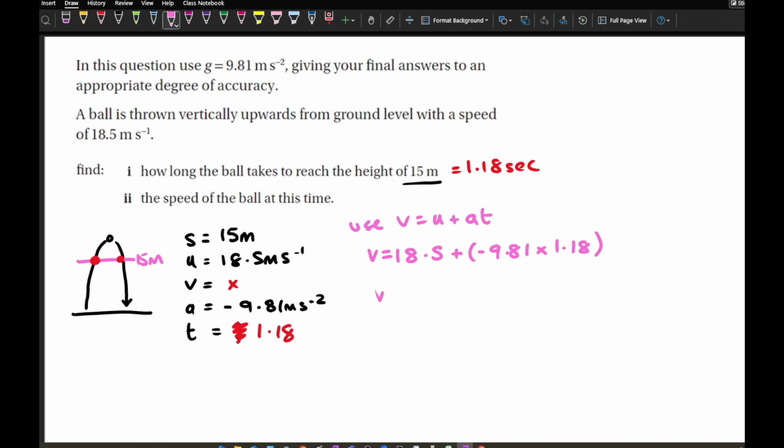Now if I type that all into my calculator, I get an answer of 6.92, and that's meters per second, and that's to 2 decimal places. And so that's my answer for part 2.